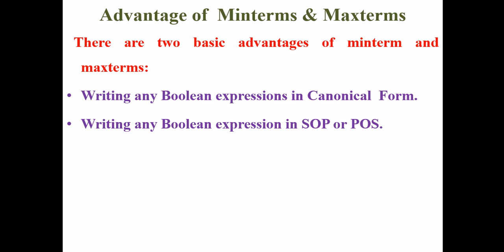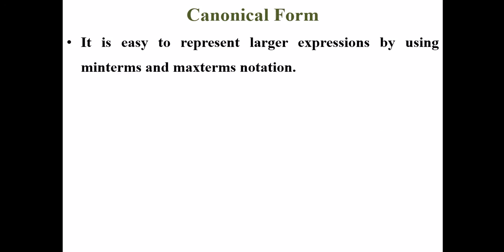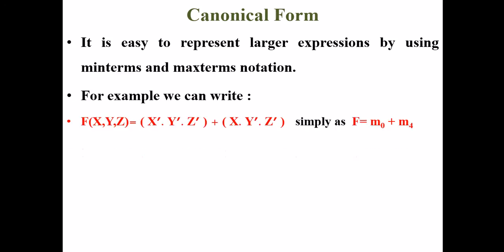Now the advantages. Two basic advantages of minterms and max terms: writing any boolean expression in canonical form, and writing boolean expressions in sum of product or product of sum forms. So it is easy to represent large expressions by using minterms and max terms.